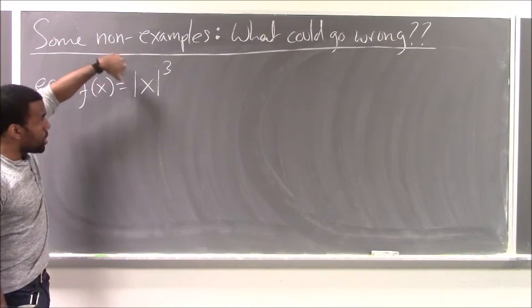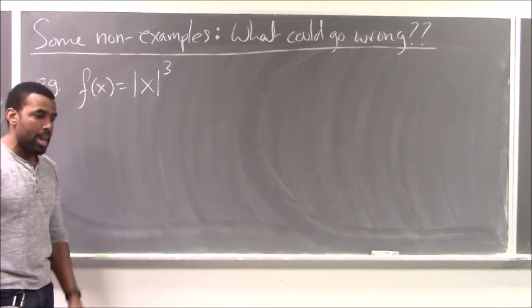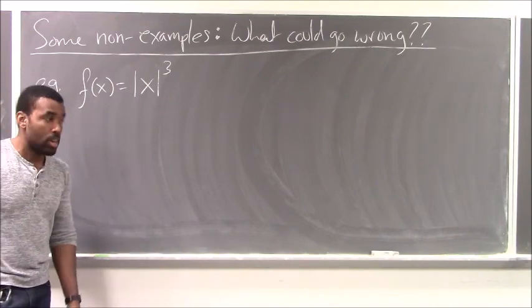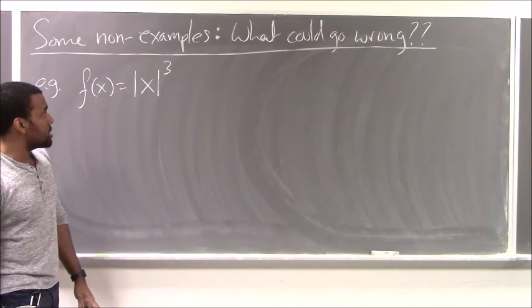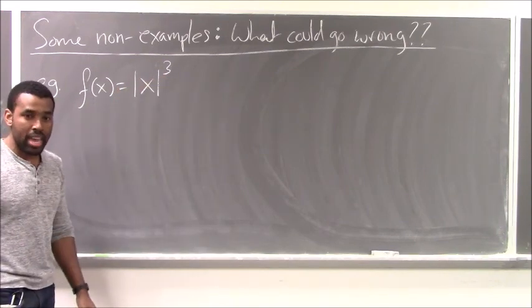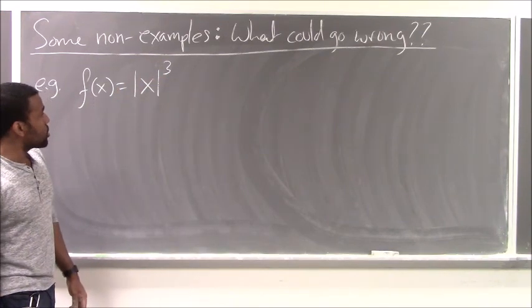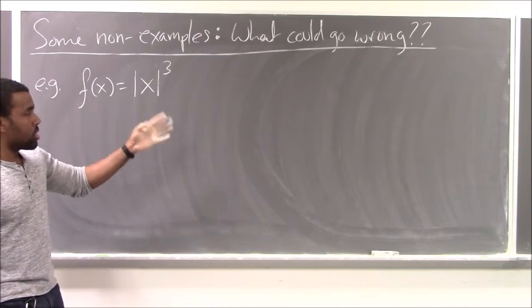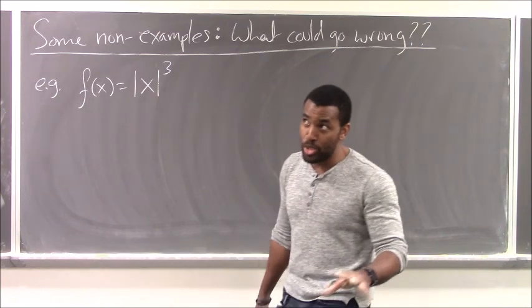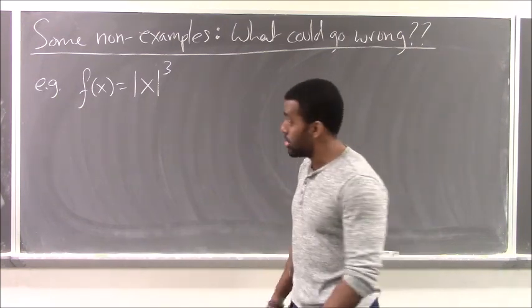If I take a bunch of derivatives, you can actually compute it by hand, using the piecewise definition for the absolute value of x and all that good stuff. You'll realize that the first two derivatives are going to behave nicely. Once you get to the third derivative, you now are going to have some constant times the absolute value of x, and we all know that the absolute value of x is not differentiable at 0.